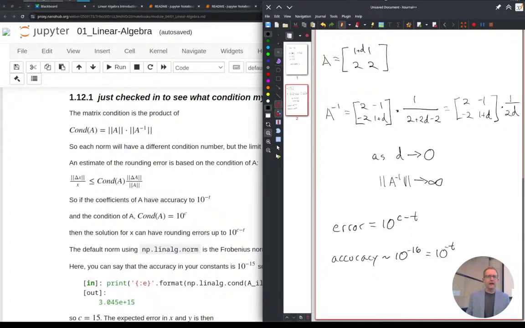The accuracy of any number that we're calculating, at least if we're going to multiply, add, subtract, best we can do with 64-bit numbers is 10 to the negative 16. Anything smaller than that is 0, because we can't add it to something else. So our accuracy is 10 to the negative 16.